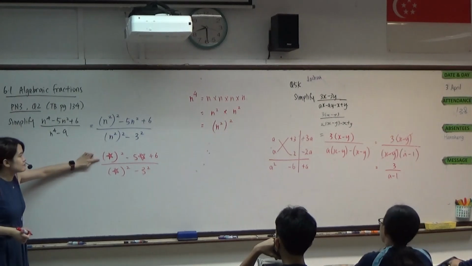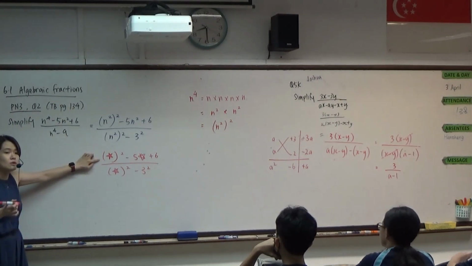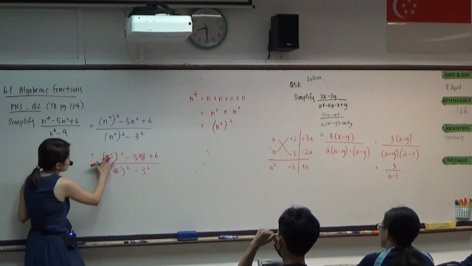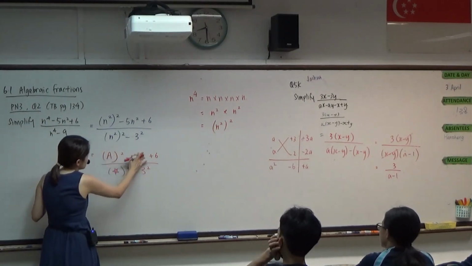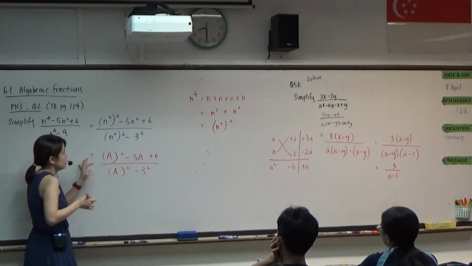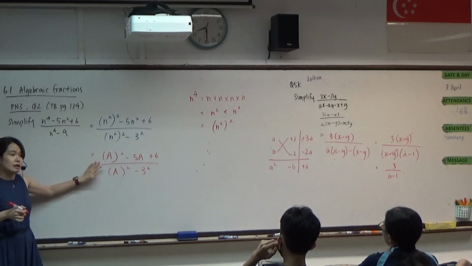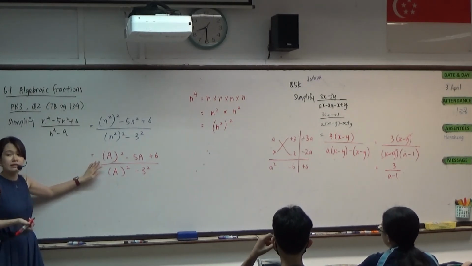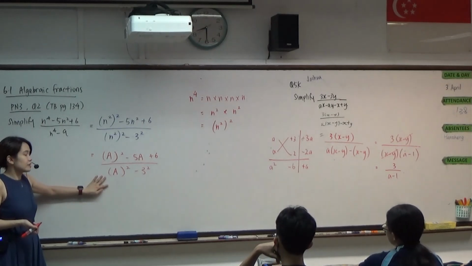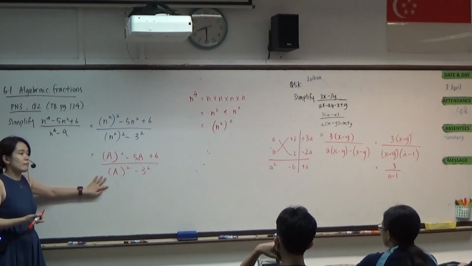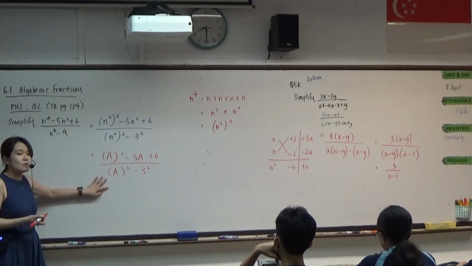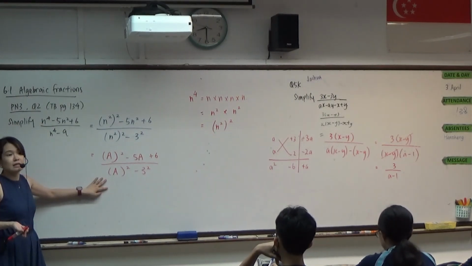Does my numerator now look like something quadratic? Maybe you don't like a star, you want to replace it with a letter, that also can. Can we do our normal cross method already? We can. And does our denominator look like our usual a squared minus b squared? It does, so we can also do our a plus b, a minus b.